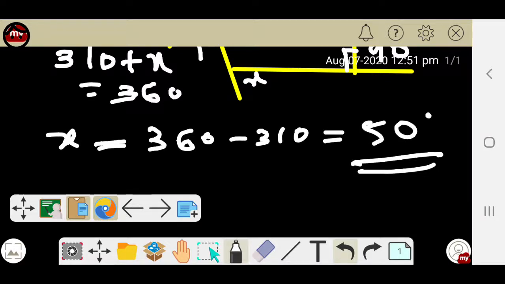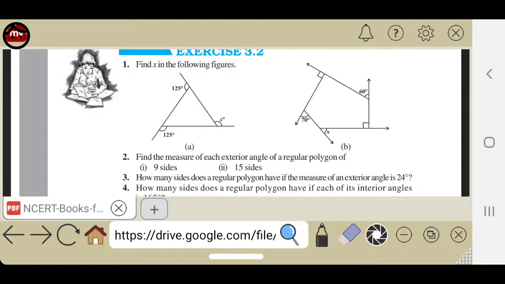Okay, dear children. Then the next question. Find the measure of each exterior angle of a regular polygon of 9 sides. Okay, we all know that for every polygon, the total sum of exterior angles equals 360.